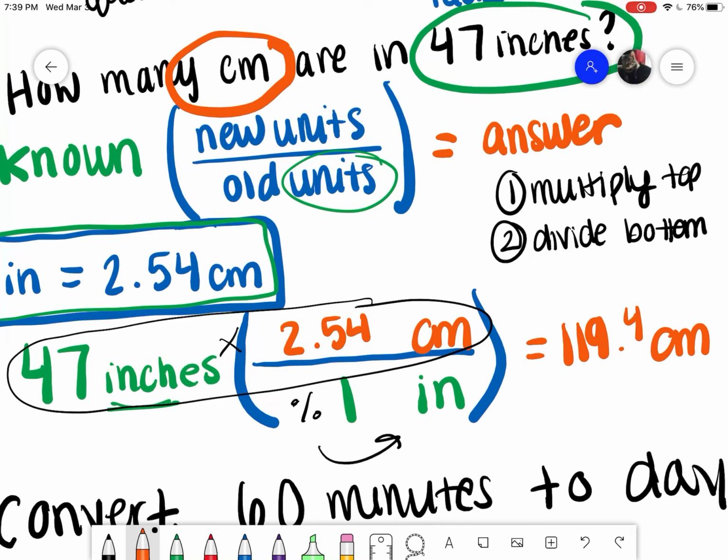And so that's more than double what we have in inches. So if we have 47 inches, our centimeters is going to have to be more than double, about 2.5 times what we have in inches. And 109.4 centimeters is more than double 47. So yes, this answer makes sense.